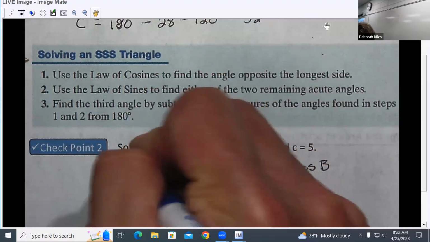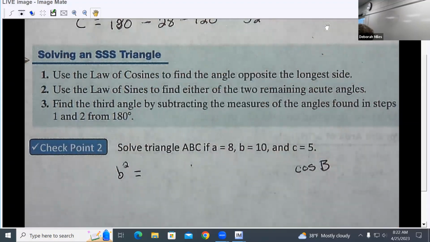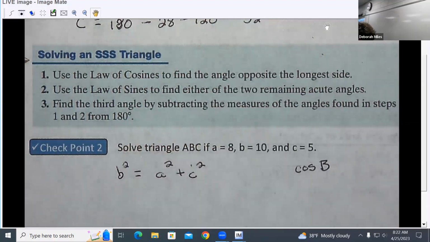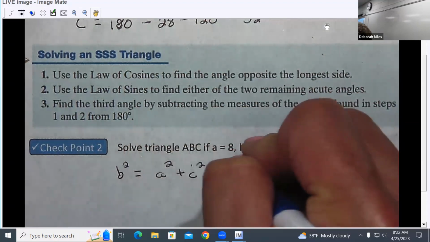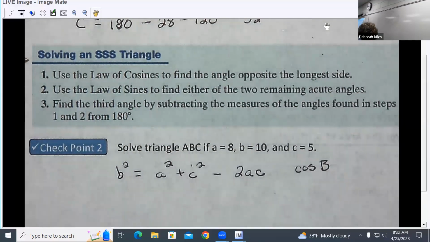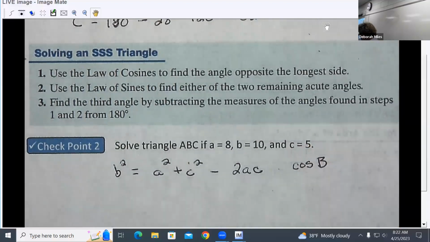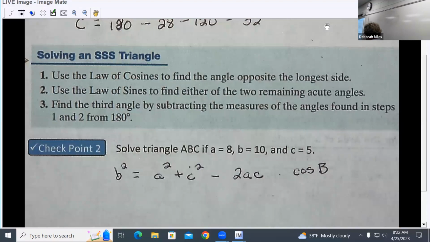B squared equals the sum of the squares of the other two sides minus twice the product of those two sides times the cosine of the angle between them. Are you starting to be convinced that this isn't going to be as hard to memorize as it first looked? You just practice those words a few times, they get in your head.